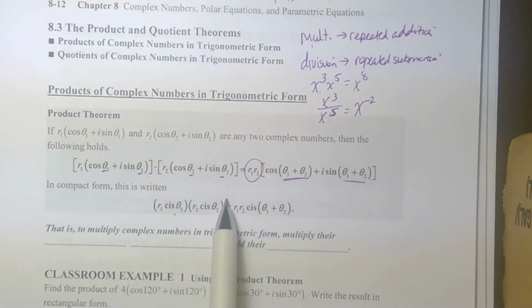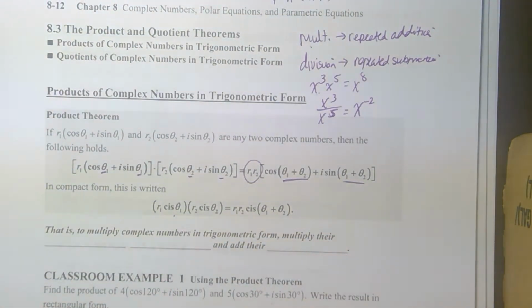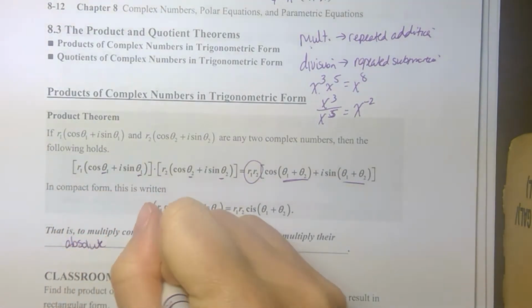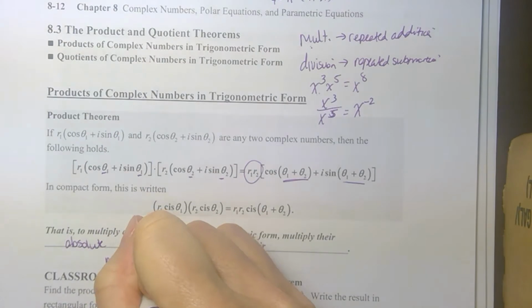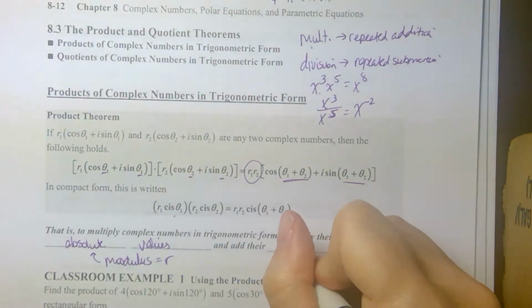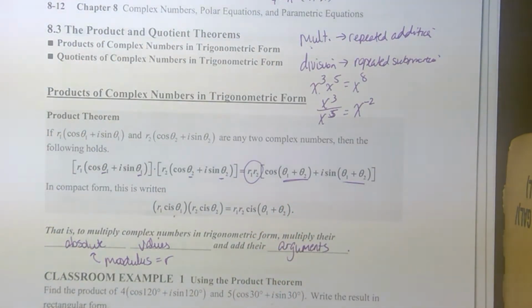If I'm trying to multiply these two complex numbers together, I multiply the moduli, add the argument. So I multiply their absolute values, which is those modulus r, that's what that is, the absolute values, and add the arguments. That's how I multiply complex numbers in trig form.